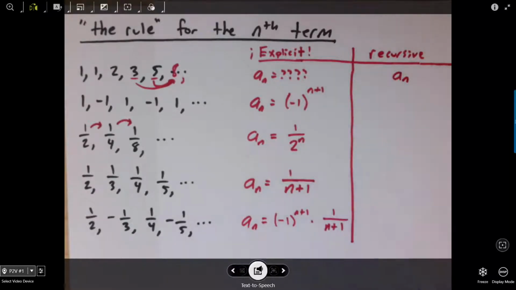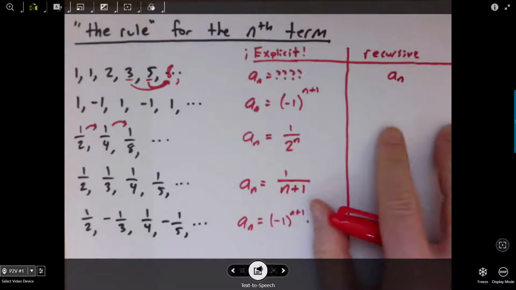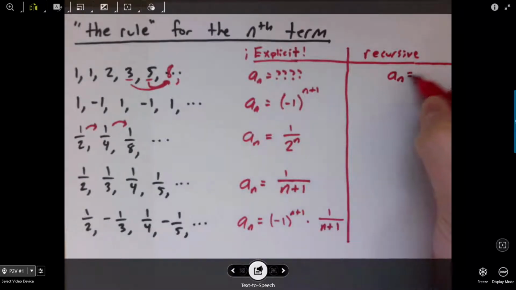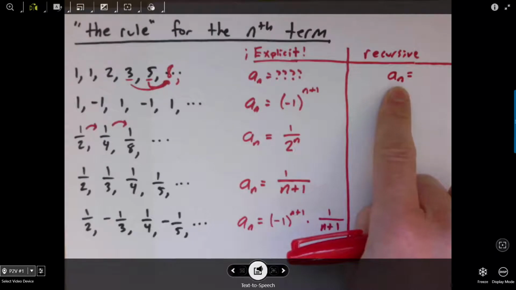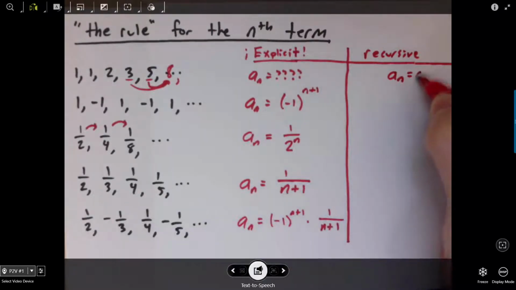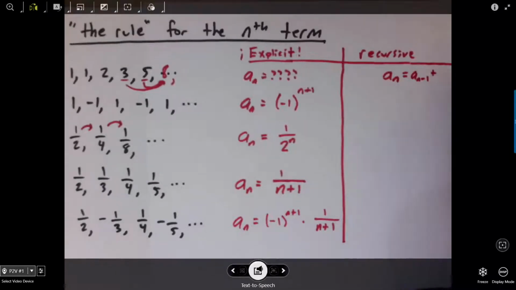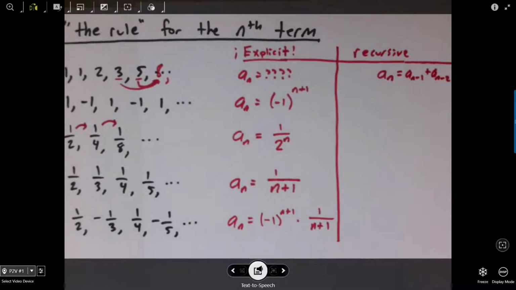But let's start with just writing down what I said. The nth term you can get by adding the previous two terms. So what's the term that comes right before a sub n? A sub n minus 1. And the term that comes right before that, I'm running out of space, is a sub n minus 2. Okay, there we go. It's all on screen at the same time now.